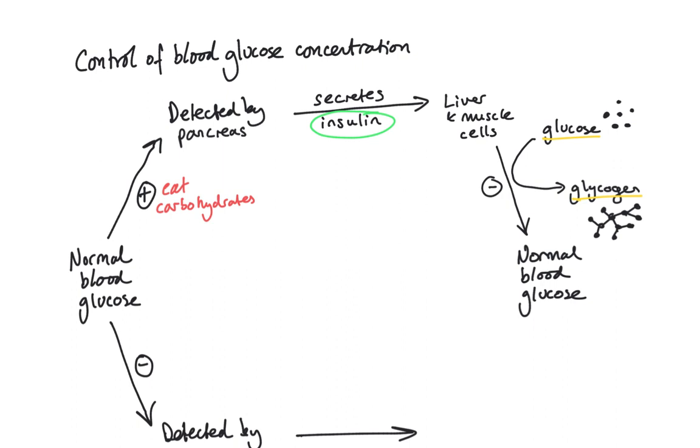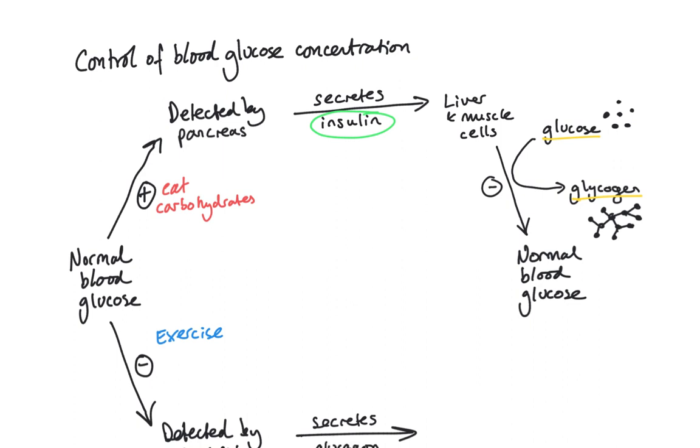This is normally due to exercise. Some sprinting, and I use up all my blood glucose. In terms of what detects it, it's still the pancreas. And the pancreas still secretes something, but it needs to secrete the hormone that has the opposite effect, and it's called, awkwardly, glucagon.